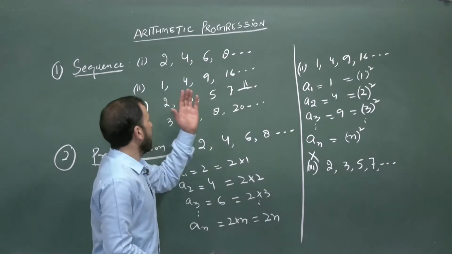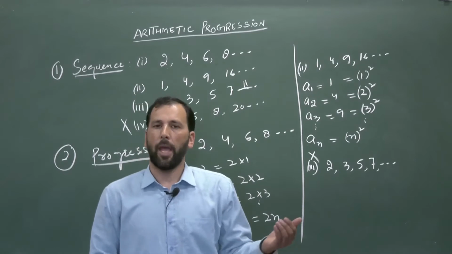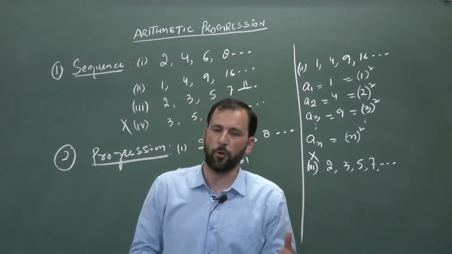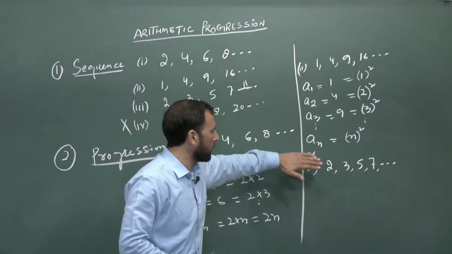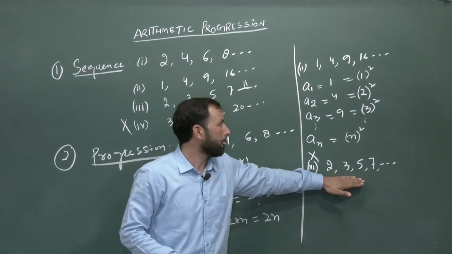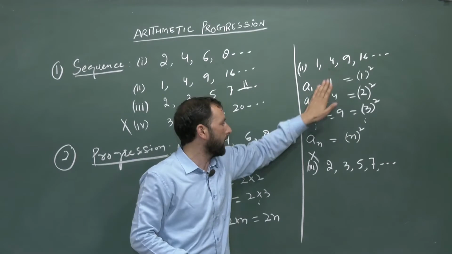So a sequence is said to be a progression if we are able to describe its nth term, or if we can find an explicit formula for its nth term. So this one is a sequence but not a progression, and the other is a sequence as well as a progression, because we can find its nth term.